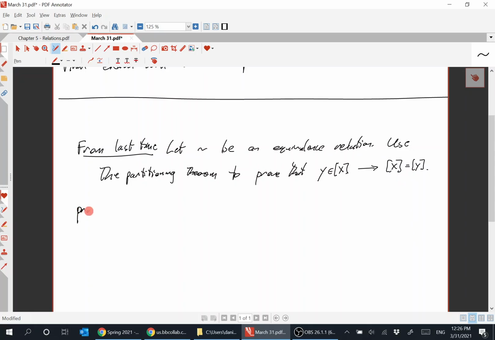Okay, proof. All right. Assume y is in the equivalence class of x.